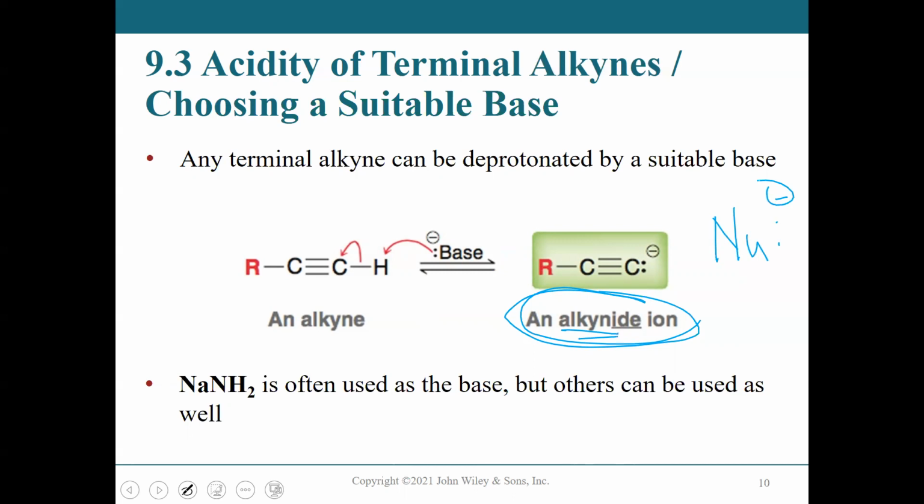Remember in 7a we had a table with strong nucleophiles and weak nucleophiles. We don't recall seeing the alkynide ion in that list. But now I'm telling you that alkynide ions are strong nucleophiles. So you can even add it to the list of 7a for your nucleophiles.